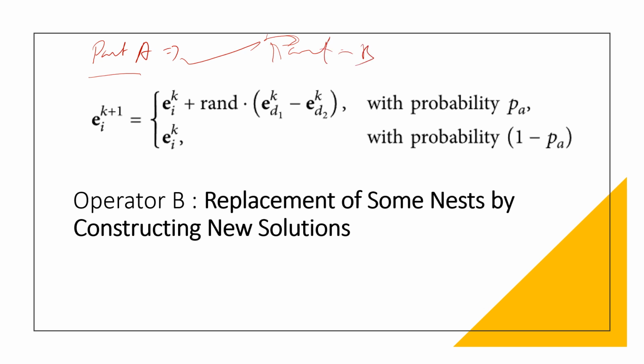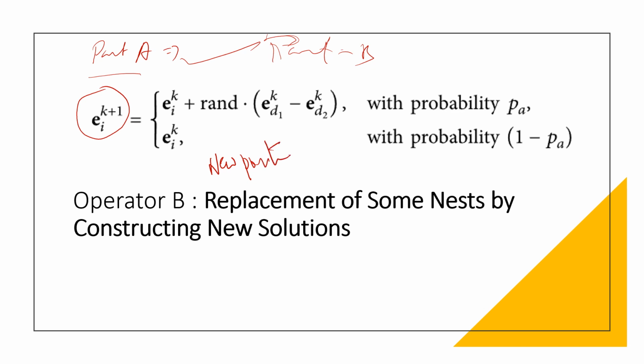But for now, part B is missing, and part C is there. So let us assume that part B is there. So how to find the current position? The current position, or as we famously say, the new position.